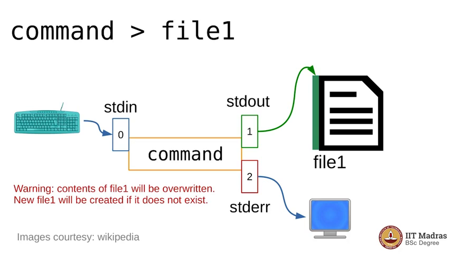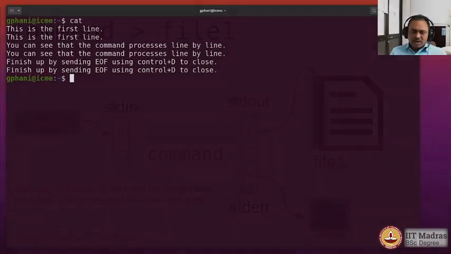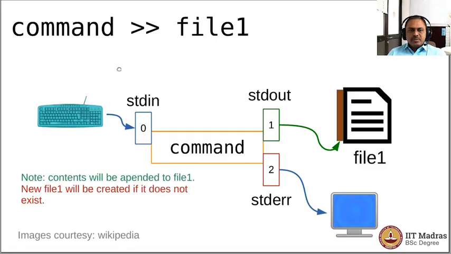So there are 3 file pointers: standard in, standard out and standard error, and we have to be very conscious which file pointer is pointing to which of the aspects, namely the keyboard or the screen or the file. You could use 2 symbols of greater than, or the right angle bracket. If you use these 2 symbols side by side without any space between them, the interpretation is that the output of the command should be appended to the file 1.